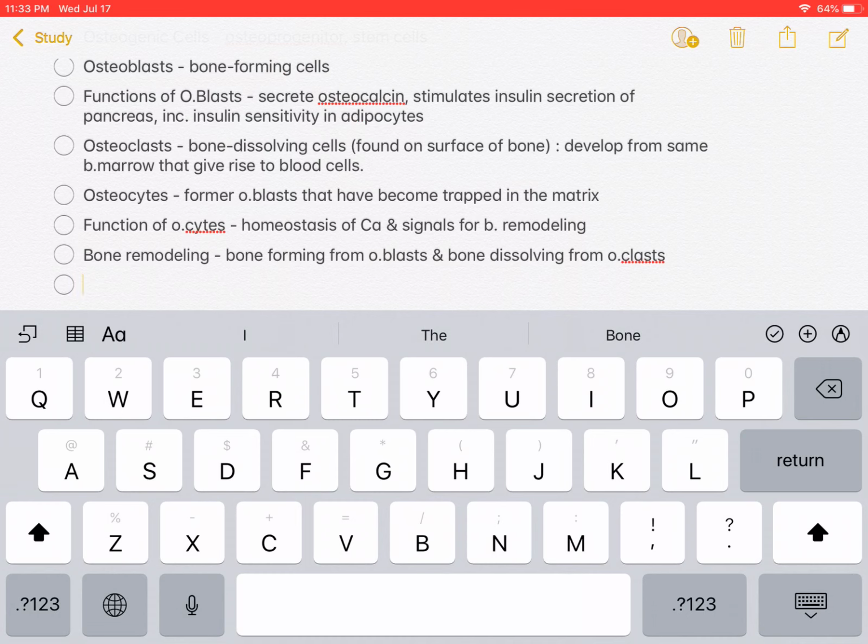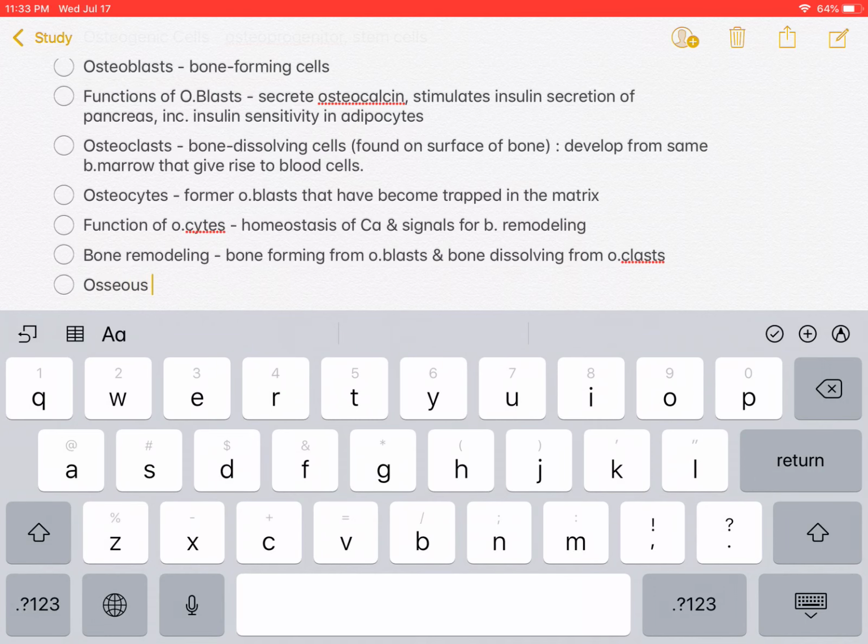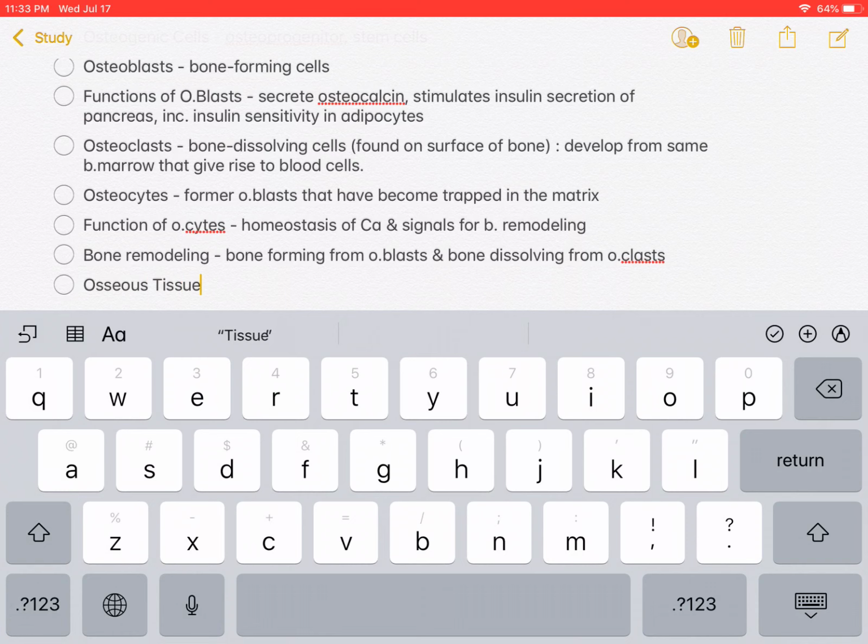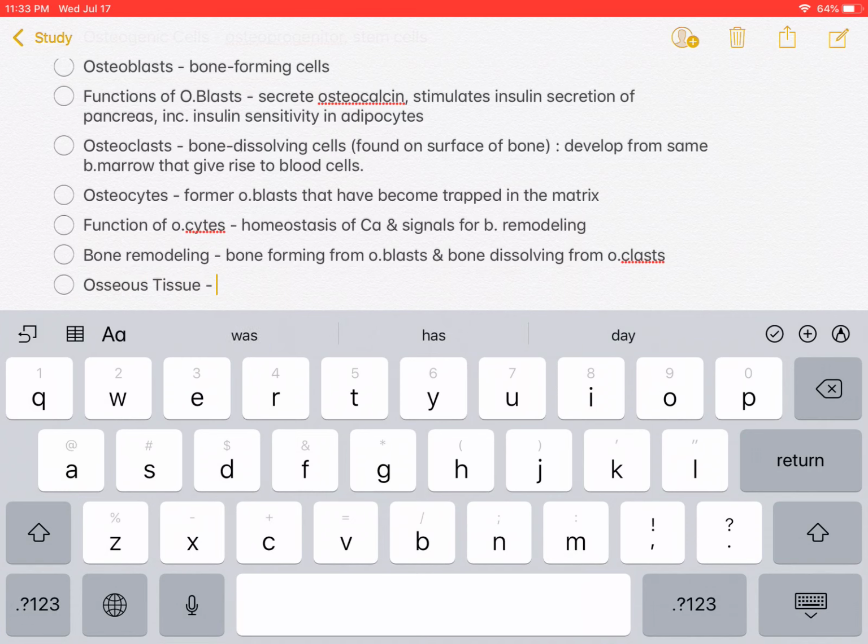If somebody asks what is the matrix of the osseous tissue, or what it's made out of, okay, the osseous tissue, I hope I'm pronouncing that right, that's actually conformed by organic matter, and that's synthesized by the osteoblasts, right?